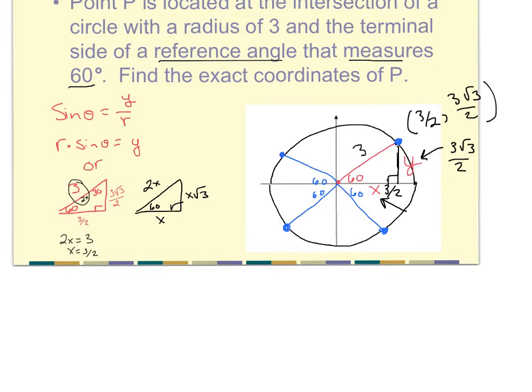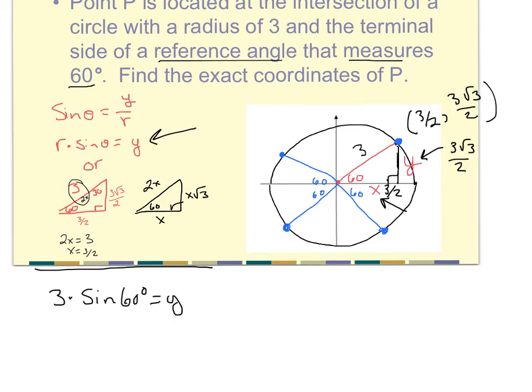The other way to do it is by using this. Okay, and you can use the radius. Okay, we'll find the other points in a second. So I know the radius is 3. Okay, and I know that I'm taking sine of a 60-degree angle, and that's equal to y.